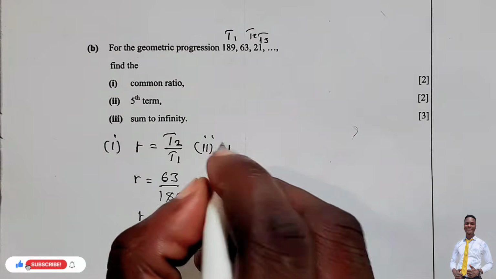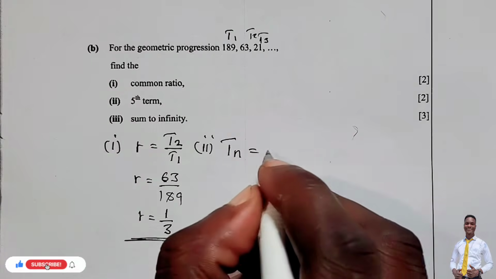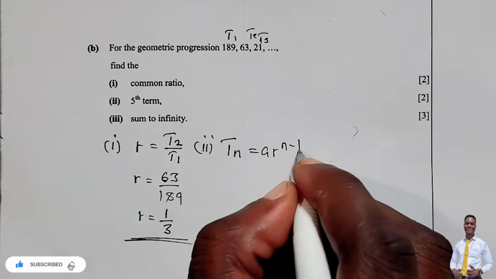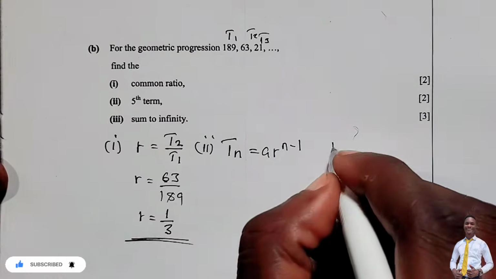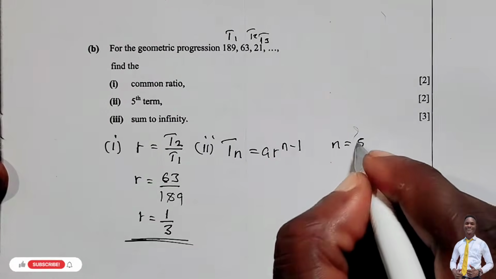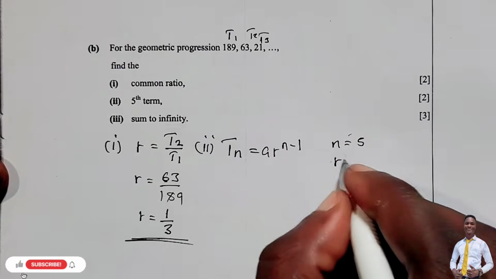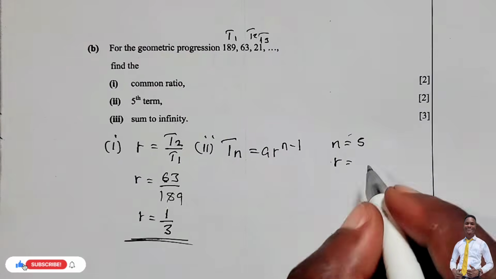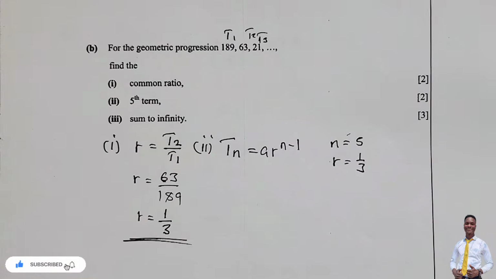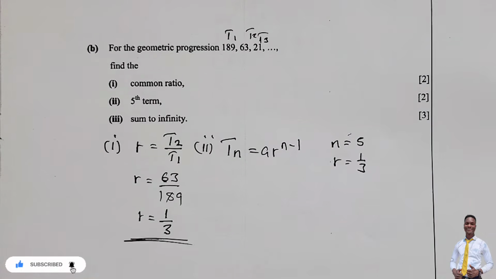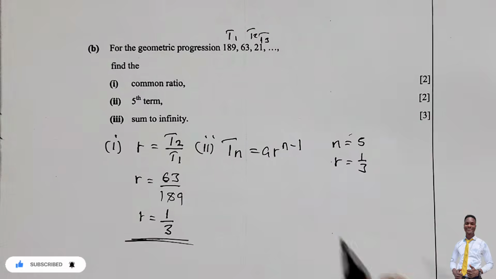So the formula for the nth term is Tn equals A R to the power n minus 1. So what is n here? N is 5. What is R? The common ratio we found is 1 over 3. Then what else is missing here? That's all. Let's solve.